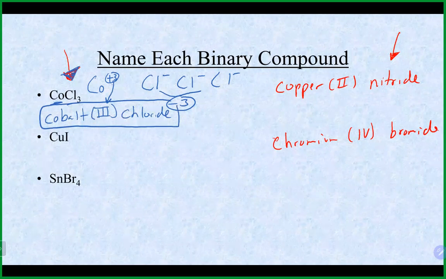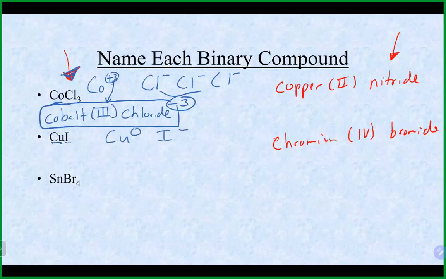All right, take a look at the next one, which is Cu, which is copper, which again is a metal. I, which is iodine, which is a non-metal. And again, looking at the metal, which is the important one, it is again in the transition metal region. So that is a type 2 compound. So to figure out the charge, I have 1 copper, I have 1 iodine, which is group 7.